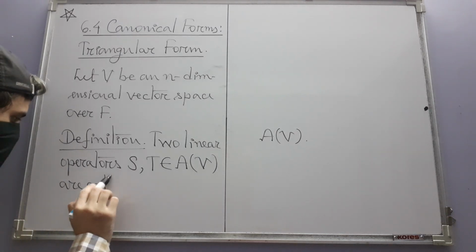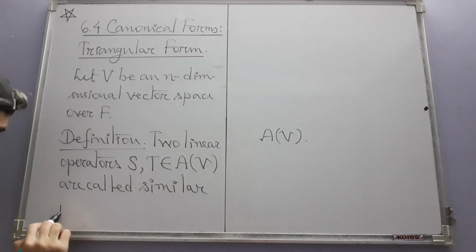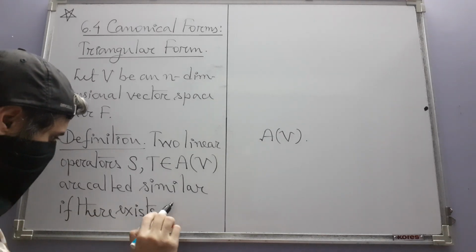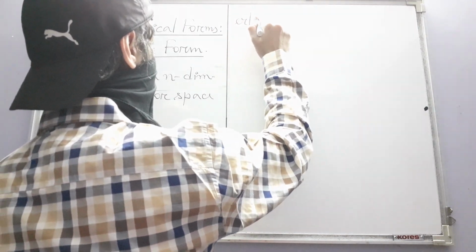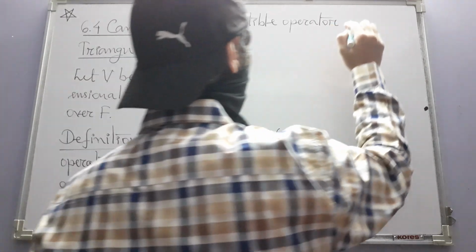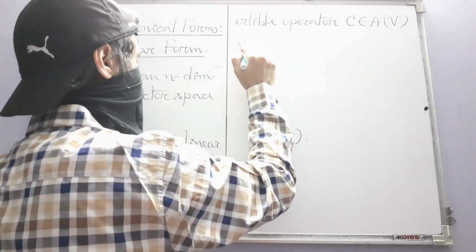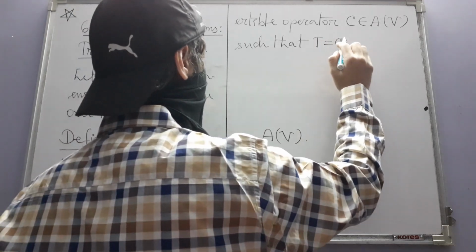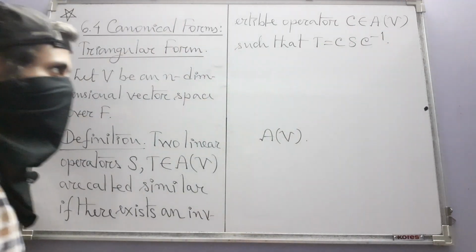Okay, so two linear operators S and T, which are elements in this algebra of operators, are called similar if there exists an invertible operator C in the algebra such that T is equal to CS C inverse.